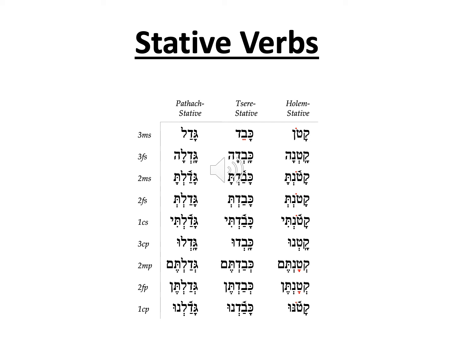The major difference is the holem stative verb, which will have holem over the second letter in most of the stems. In several of them it will reduce to a vocal schwa, although in the second masculine plural and the second feminine plural it will actually reduce to a kamets hatuf, which is a short o, so katanten and katantem. These need to be at least familiarized, although they don't necessarily have to be memorized.